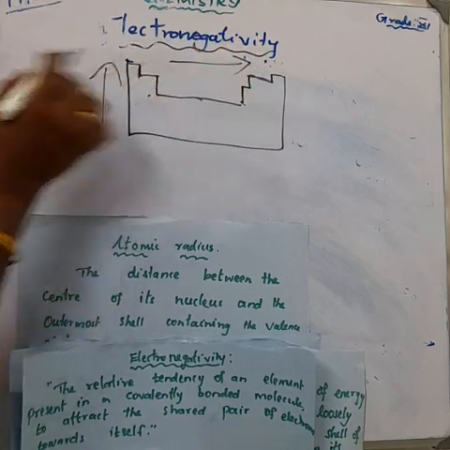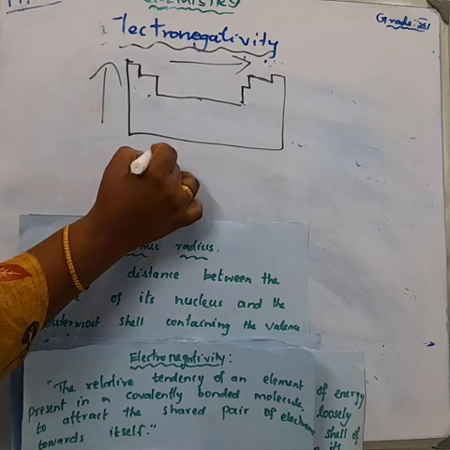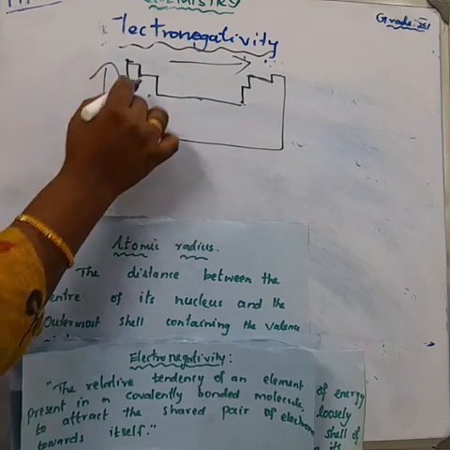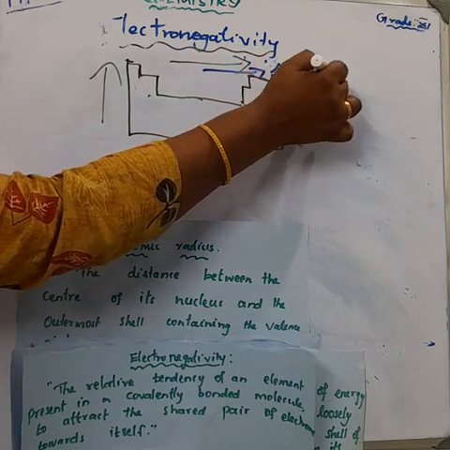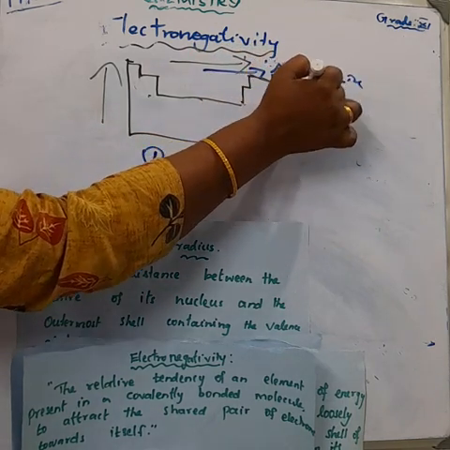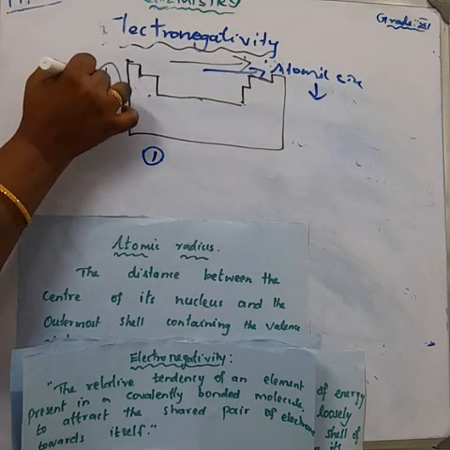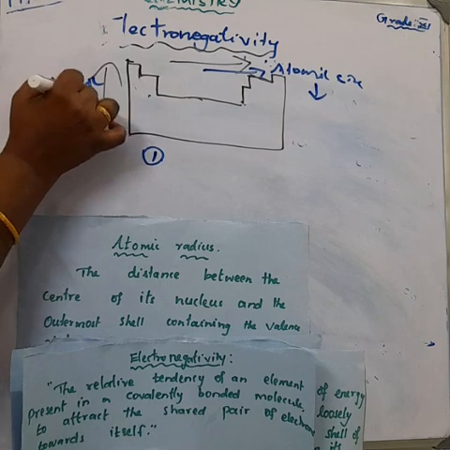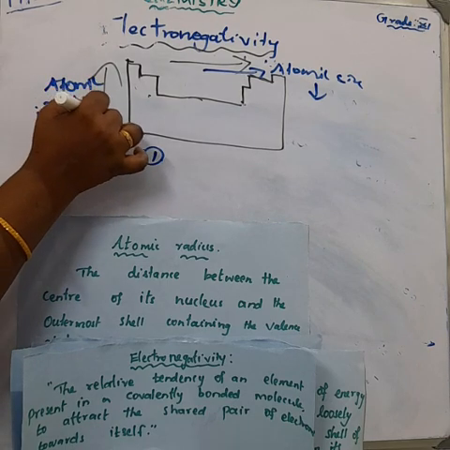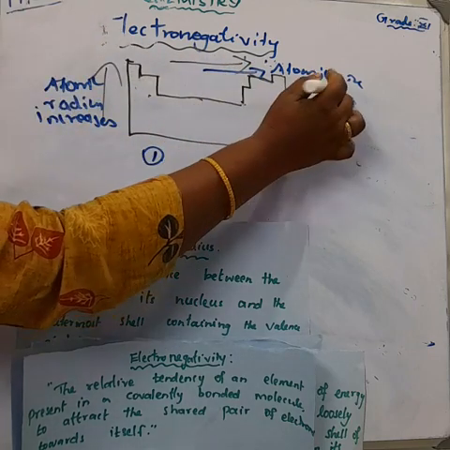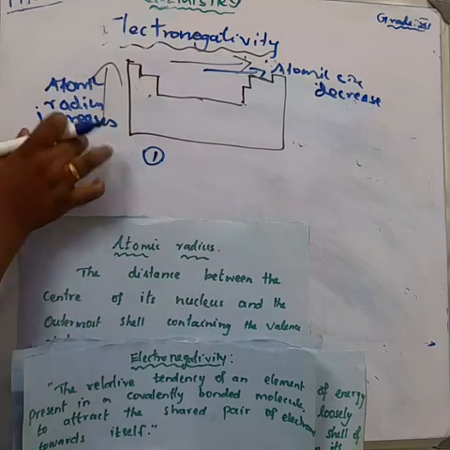Because of this, the atomic size decreases along the periods. In the case of groups, the atomic radius increases because as atomic number increases, the number of shells also increases, and the extra electron is accommodated in a new shell. Because of this, the atomic size increases.